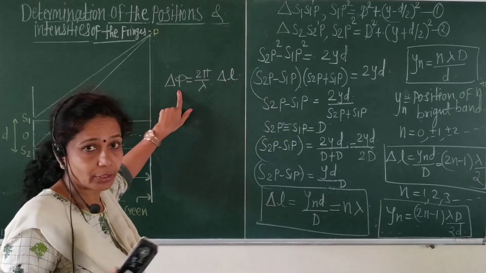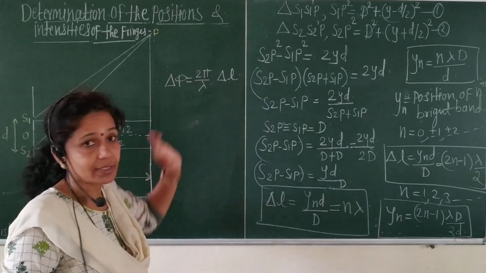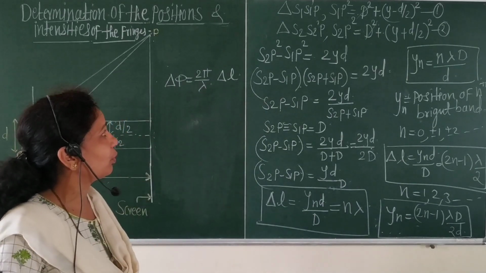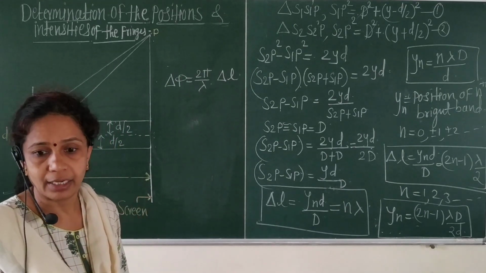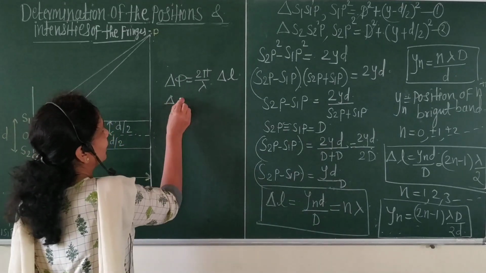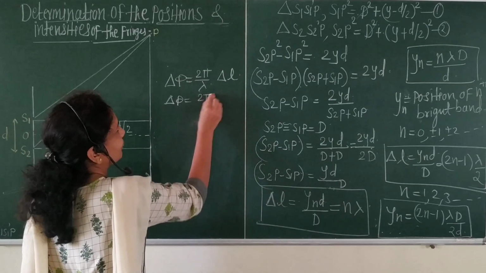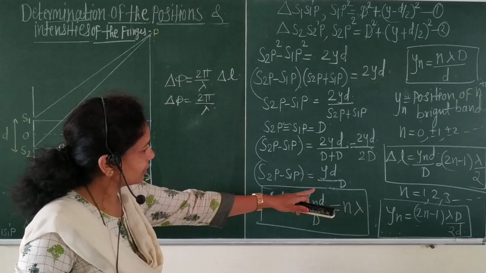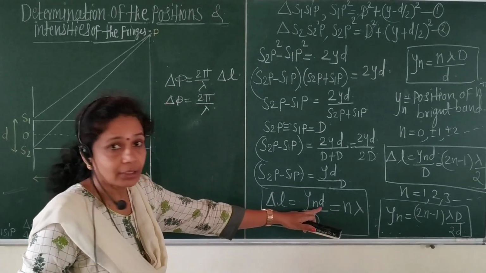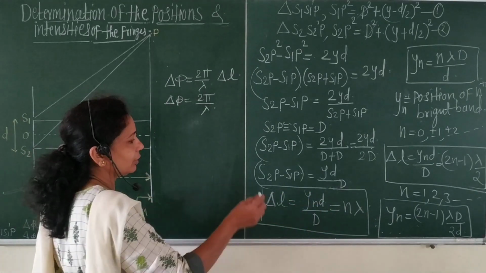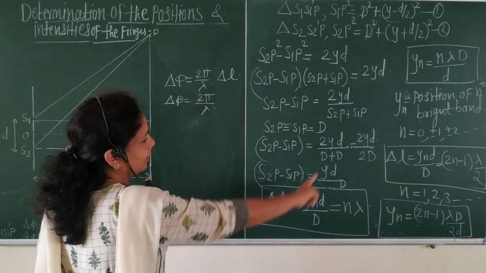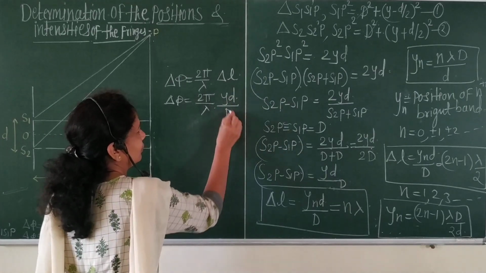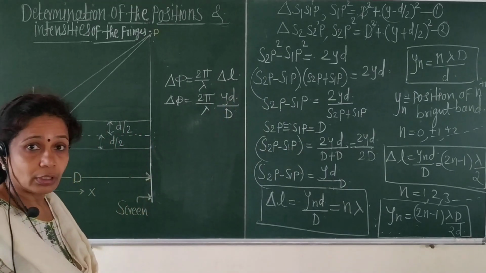Phase difference is denoted by phi and path difference is denoted by L. Here del L is nothing but yd upon D.